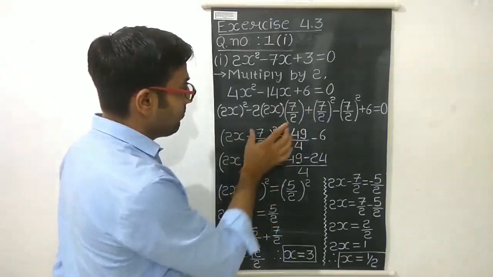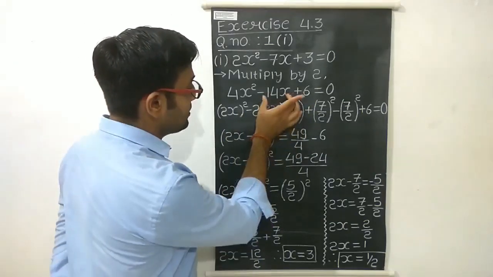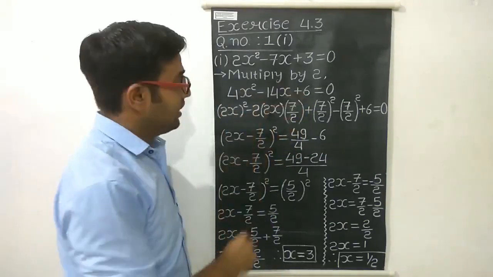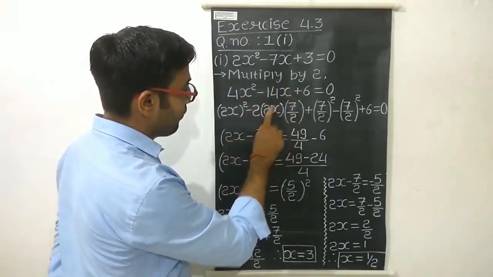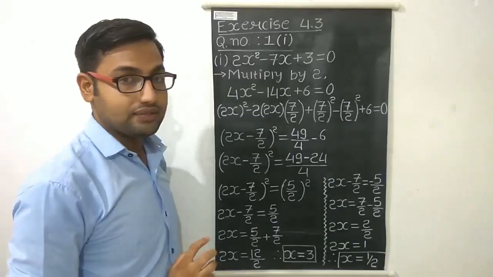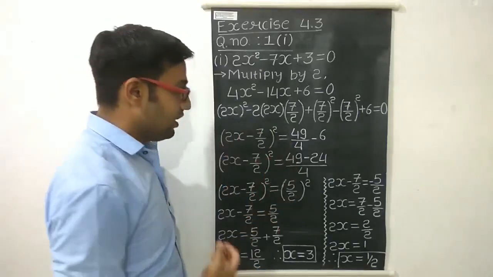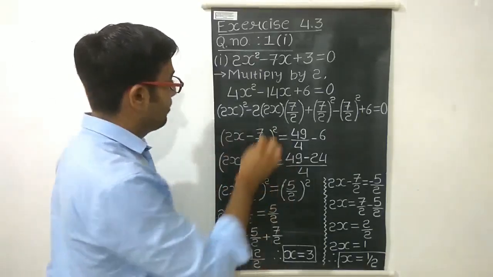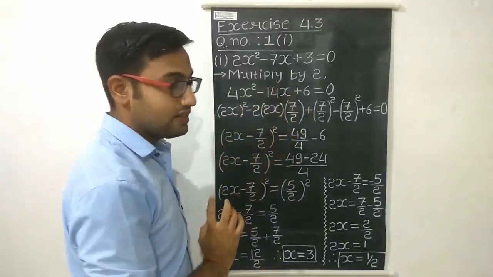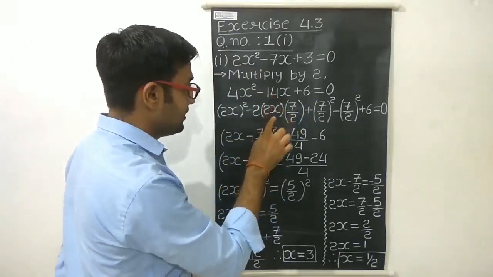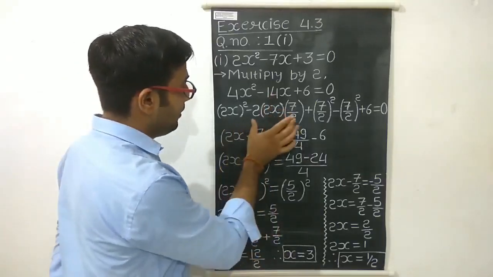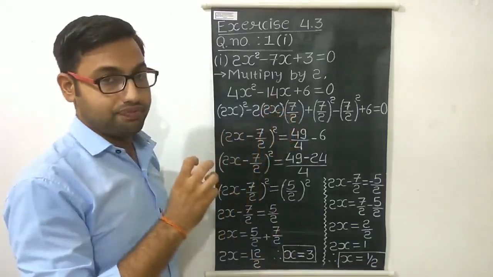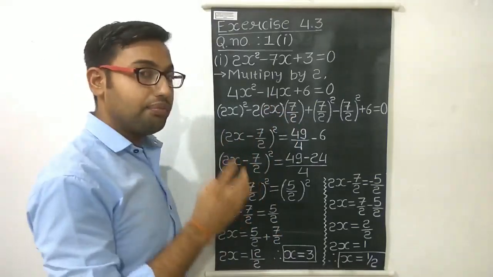Why do we do this? Because we do not want to change the value of 14x. See here, the 2 and 2 will cancel out, and 7 into 2x, that is 14x, will remain as it is. So by doing this, we do two things. We do not change the value of 14x, we write it in another form. And the second thing we do here is we set the middle term.